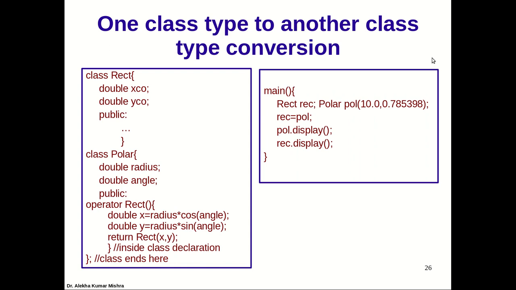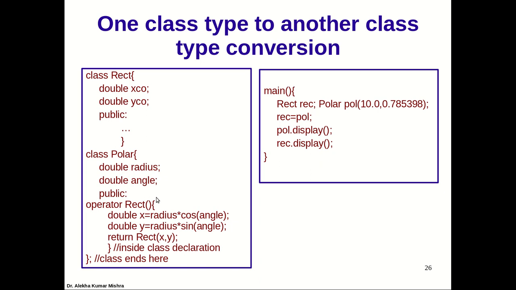So here I will say polar coordinate to rectangular coordinate. We know that we represent a coordinate in terms of rectangular coordinates, x and y, and polar by r and theta, the angle. So we have a rectangle class, let's say rect, which will represent an x coordinate and y coordinate, and polar will represent a radius and an angle.